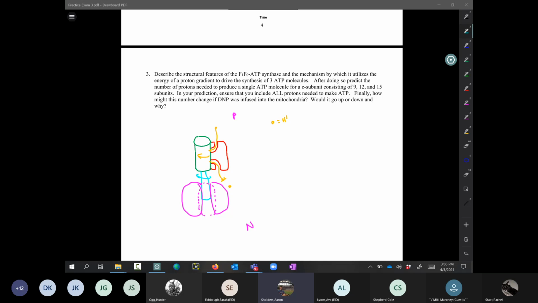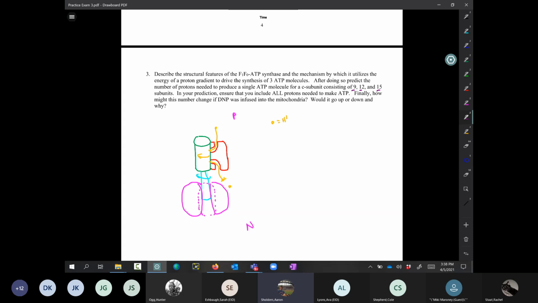Now, when you look at this, it says 9, 12, and 15 subunits in the C ring. I'm not going to do all of those. I'll let you guys practice some of the other ones. But let me go ahead and just do 12. Why not 12? And that's consistent with the last worksheet that we had.